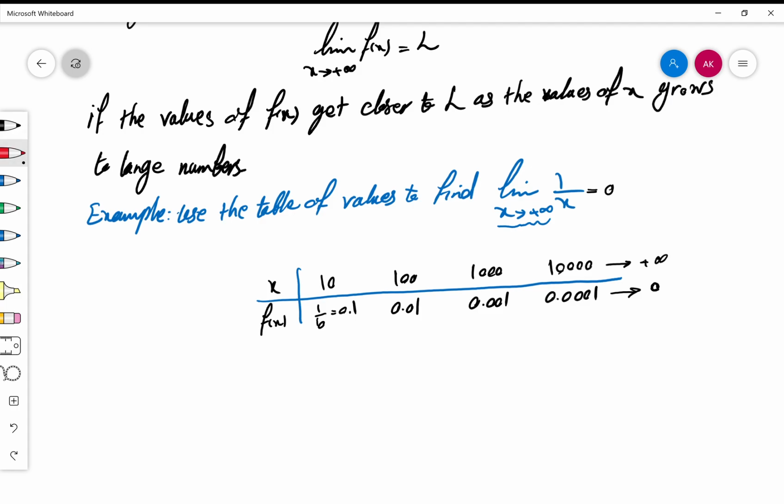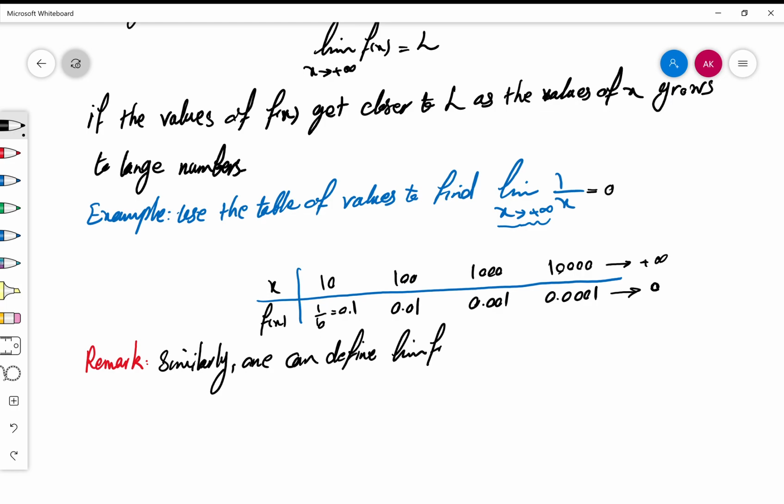Well, similar to limit at plus infinity, one can define, as a remark, similarly, the limit of f of x as x goes to negative infinity.